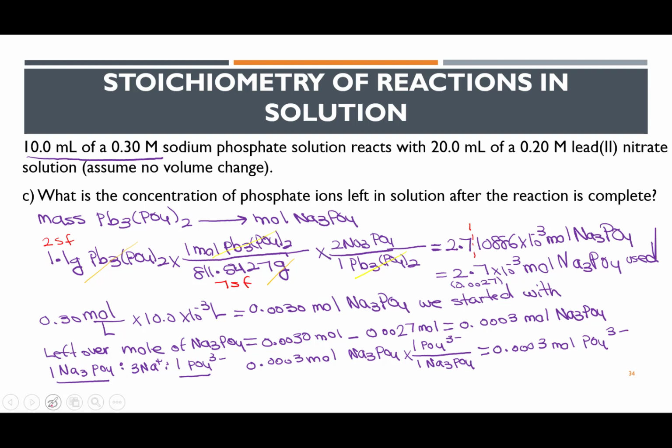As you can see, the moles of sodium phosphate go, and you end up with this many moles of phosphate ion.